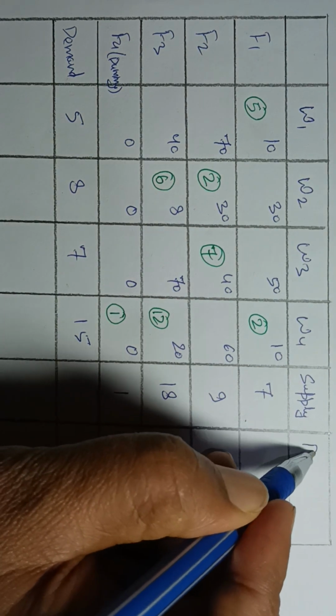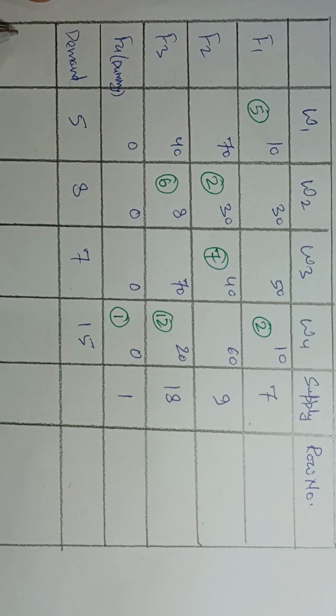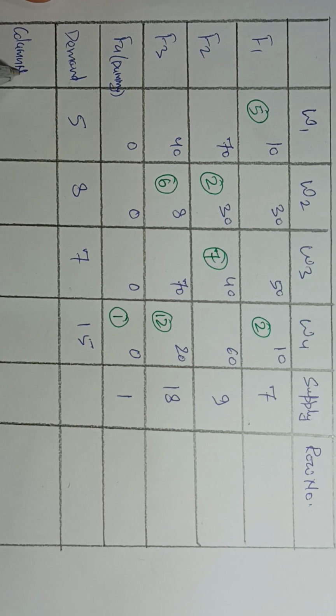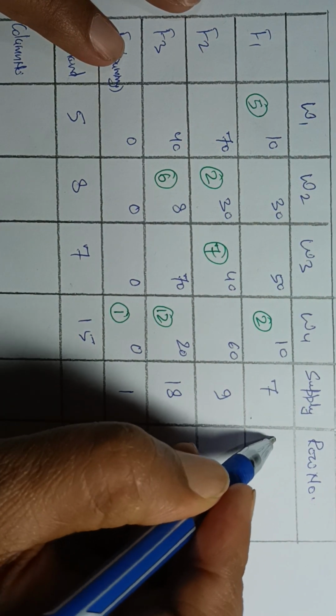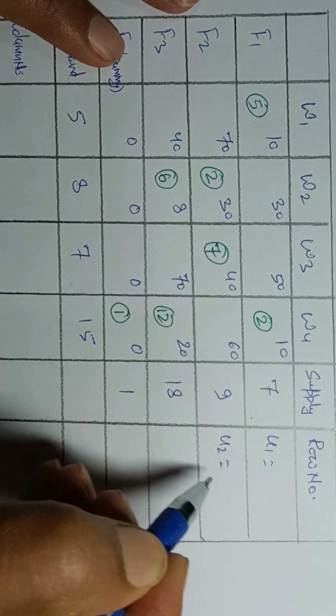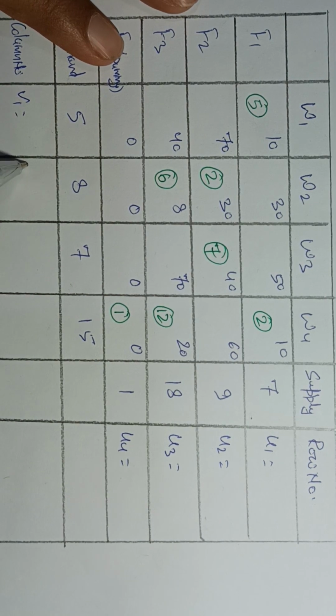So here the row numbers and here the column numbers: U1, U2, U3, U4, V1, V2, V3, V4.